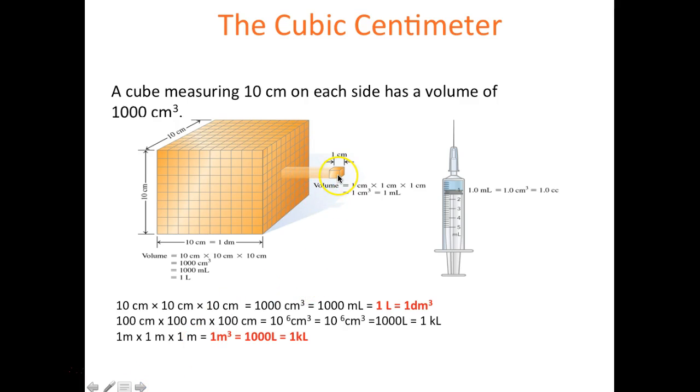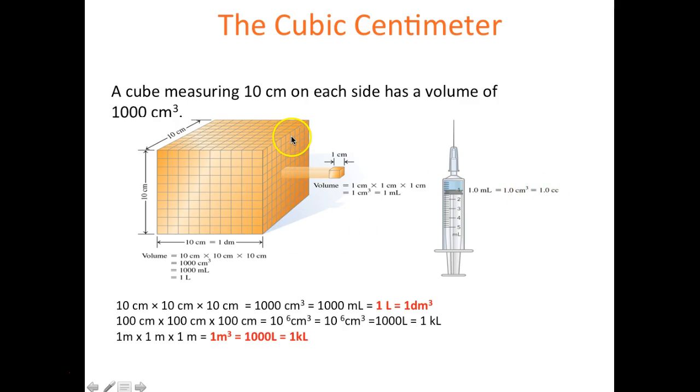If you have a little solid cube which is 1 centimeter by 1 centimeter by 1 centimeter, its volume is length times width times height, so that's 1 centimeter cubed. The space inside is equivalent to 1 mL. If you pour liquid into the cube, that would be 1 mL as shown here on the syringe. So 1 mL is equal to 1 centimeter cubed or 1 cc.